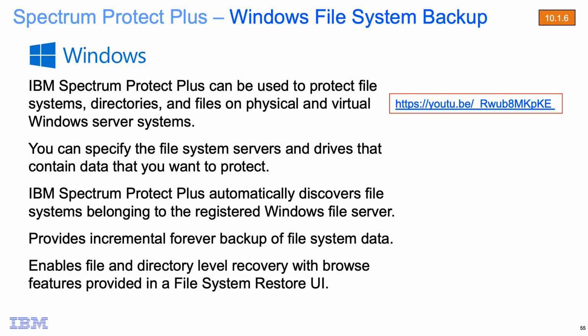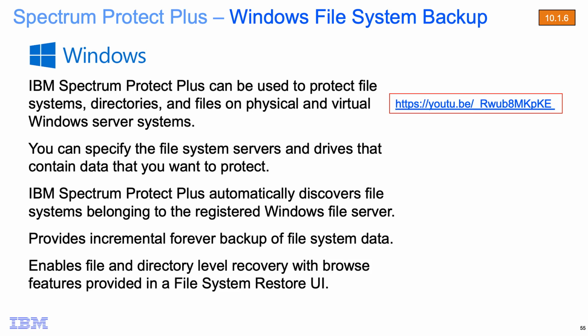Continuing with Spectrum Protect Plus version 10.1.7, I'd just like to recall one of the things we did at version 10.1.6. First of all, you recall that at version 10.1.6 we added support for backing up Windows physical file systems.